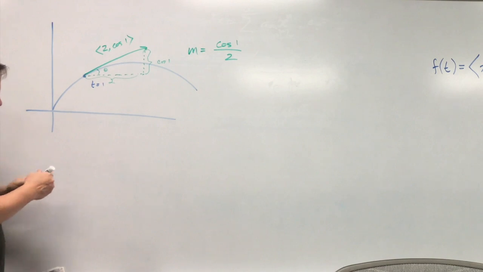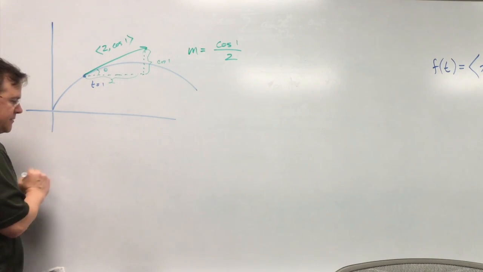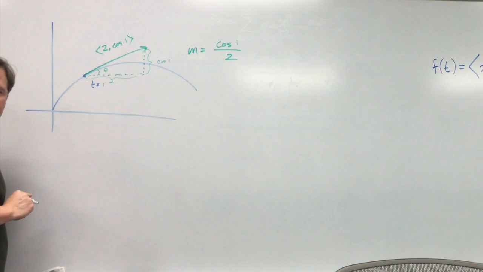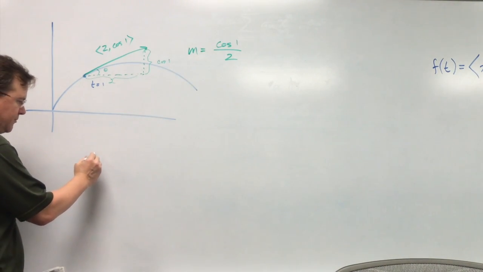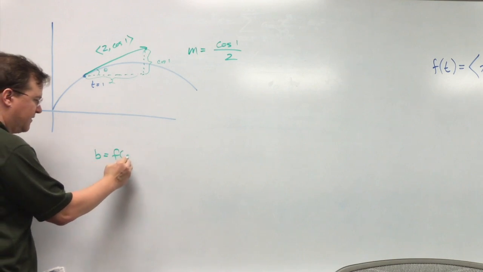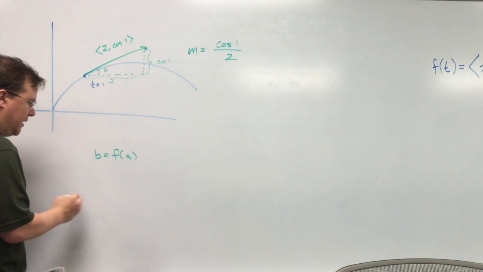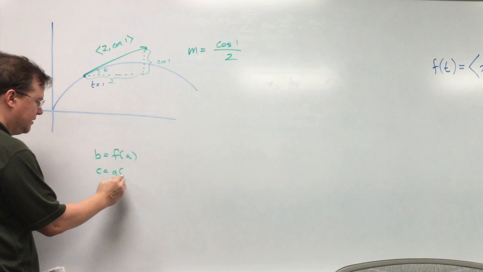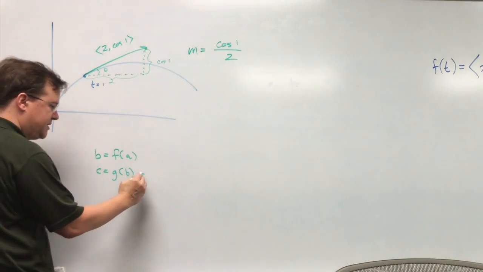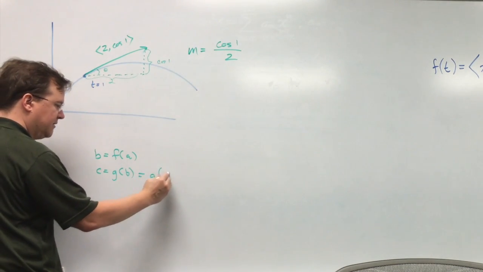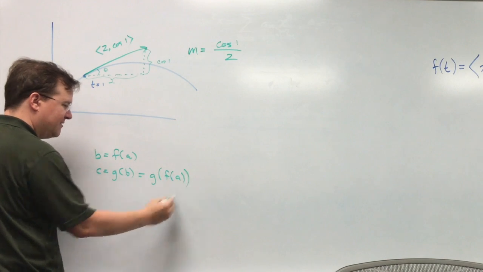Let me give you an example of a function within a function. Suppose b is f of a, and c is g of b. Then c is g of f of a.